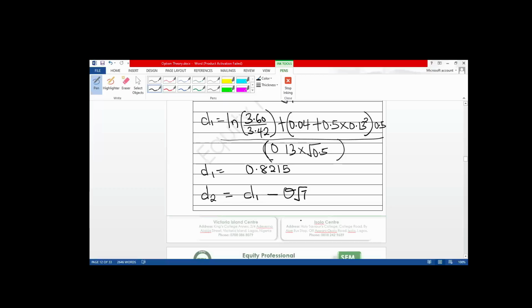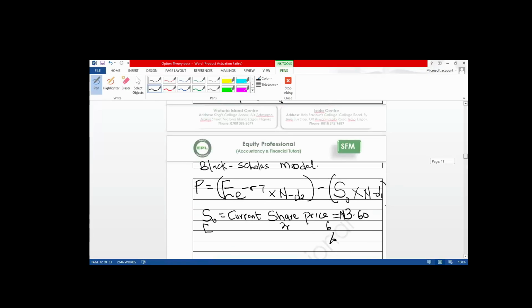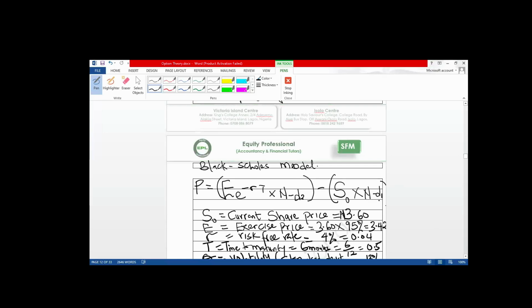Now we have resolved D1. Look at what we are following, please. We are trying to look at the formula. From the formula, there is D1 and there is D2. When you are done, you now go to N(D1), N(D2).